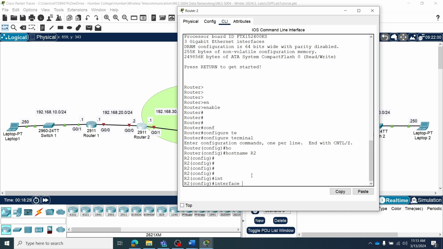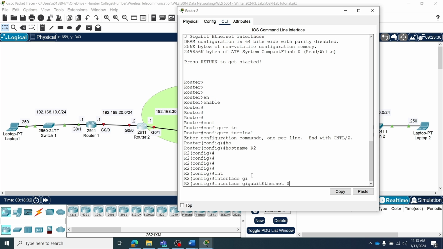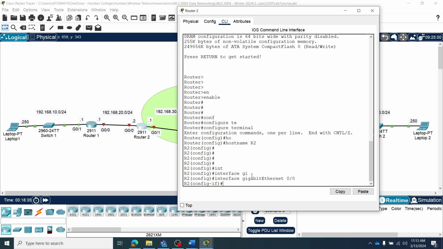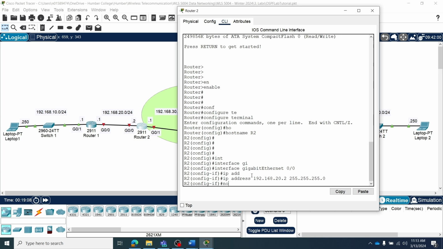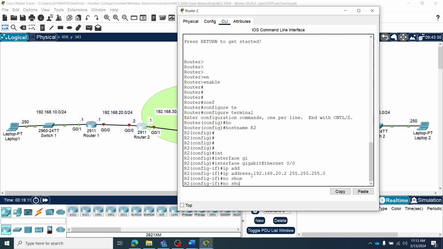So interface gigabit Ethernet 0/0, IP address 192.168.20 dot 2, 255.255.255.0, then no shutdown.